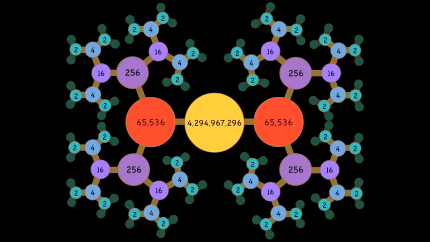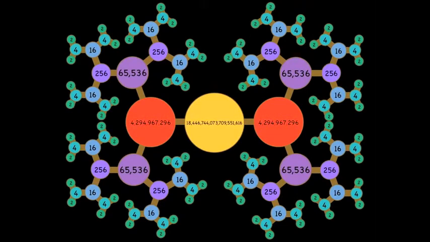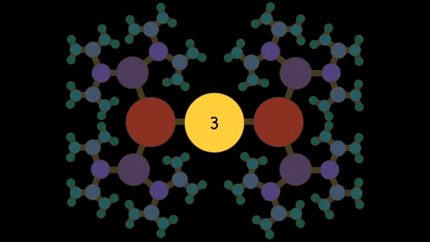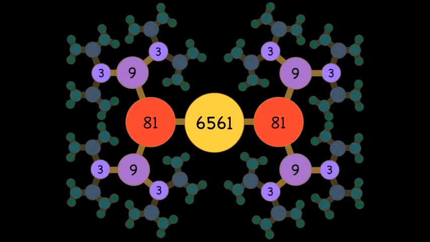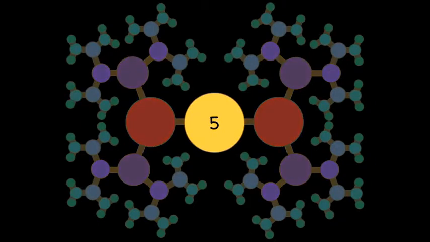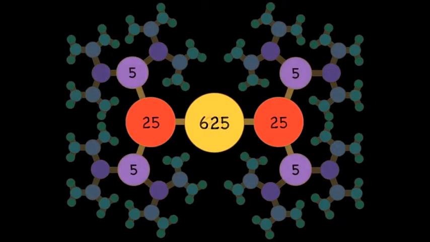Now I'm going to take a big jump and another big jump. We could do that with any prime number, so we can take 3 and multiply by 3 and keep on going. We can also do it for 5, and we could keep on going if we wanted to.